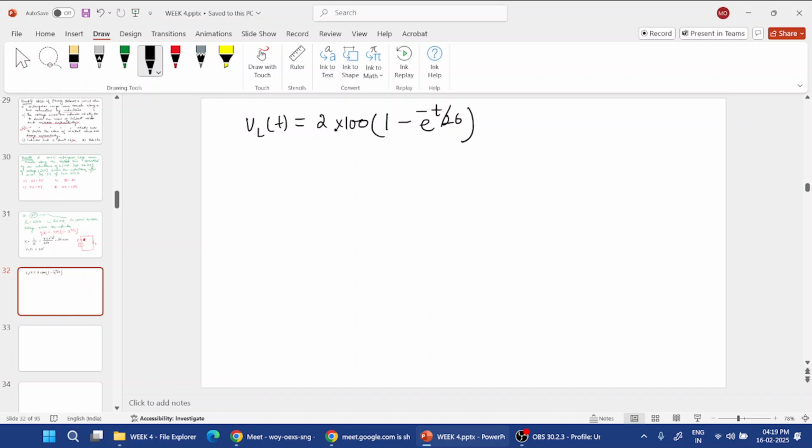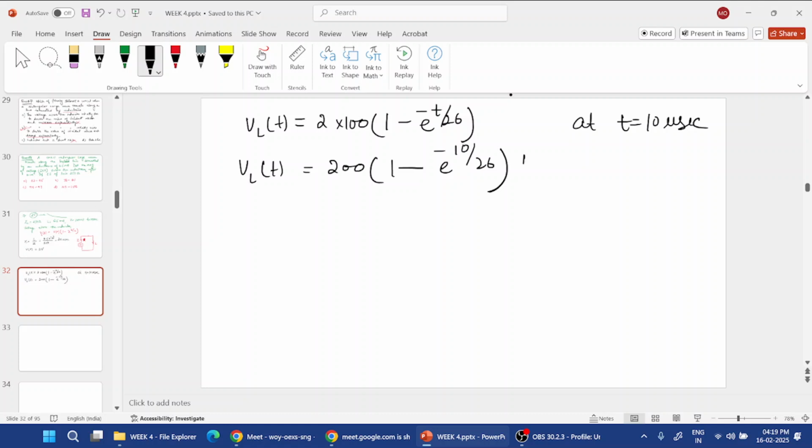We have to calculate at t equal to 10 microseconds. So VL(t) comes out to be 200 times (1 minus e to the power minus 10 divided by 26).